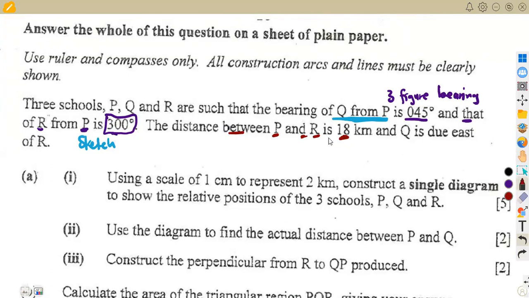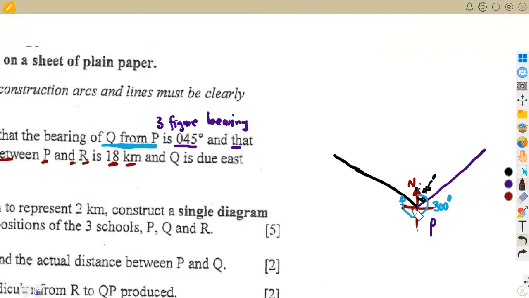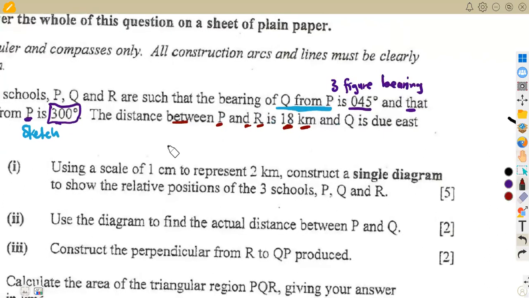R is somewhere this side. We are going to write this distance depending on the scale, using a scale of 1 centimeter to represent 2 kilometers, meaning wherever we are given 1 centimeter, we are saying 2 kilometers. And here we have got 18 kilometers.